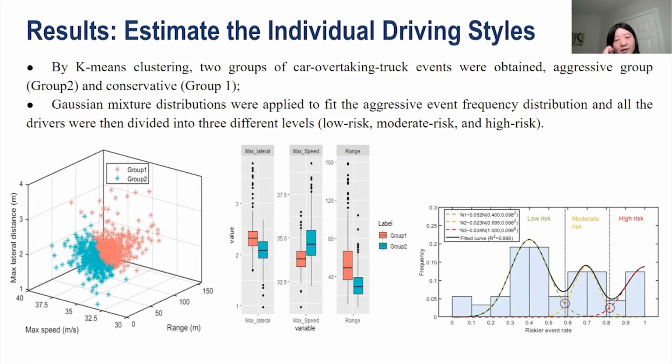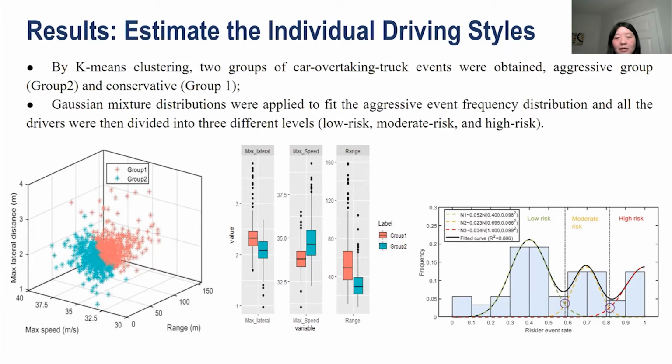So then we use the Gaussian mixture distribution to identify the threshold for the number of aggressive events and the number of conservative events, to label each driver, whether they fall into a relatively conservative group, a moderate group, or a risky driver group.